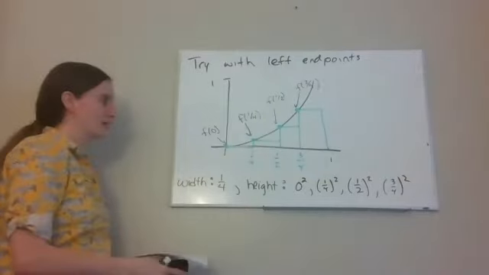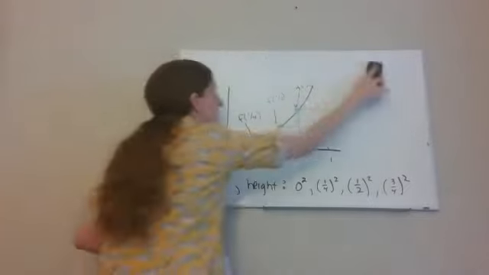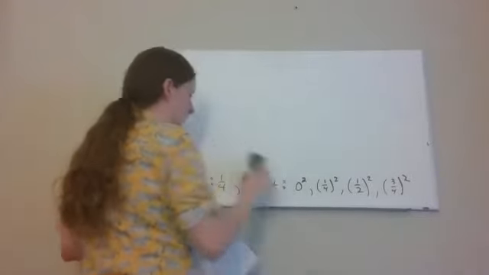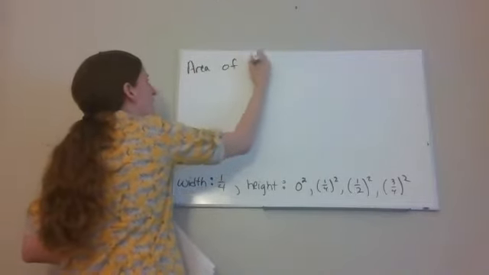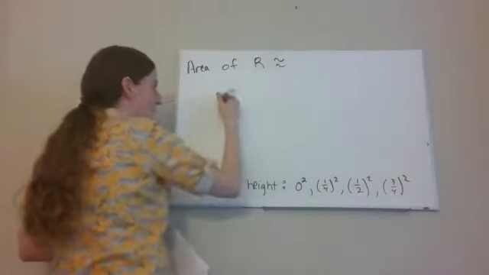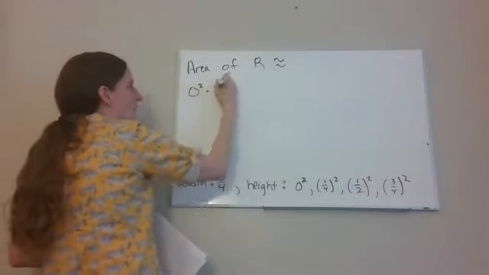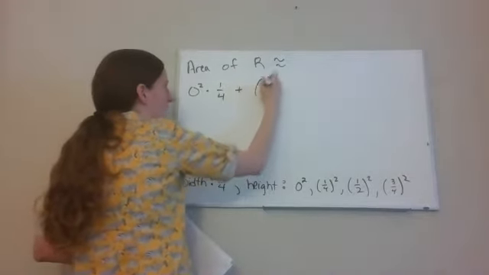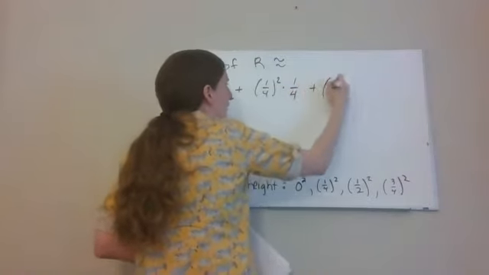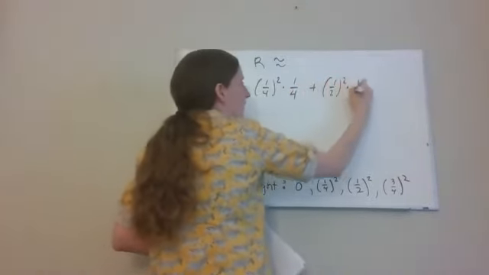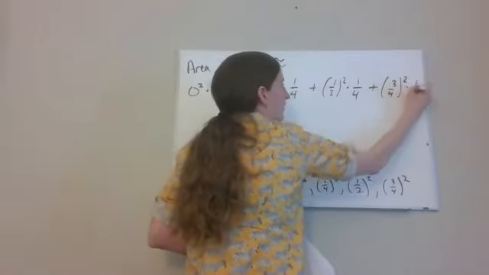So if I estimate my area using these rectangles, I get that my area of R is going to be approximately 0 squared times 1/4 plus 1/4 squared times 1/4 plus 1/2 squared times 1/4 and plus 3/4 squared times 1/4.